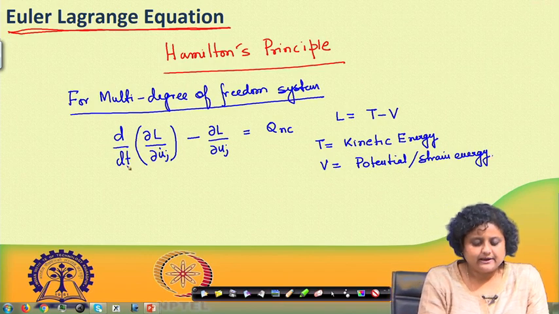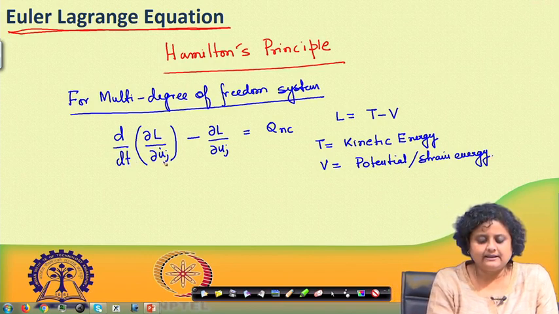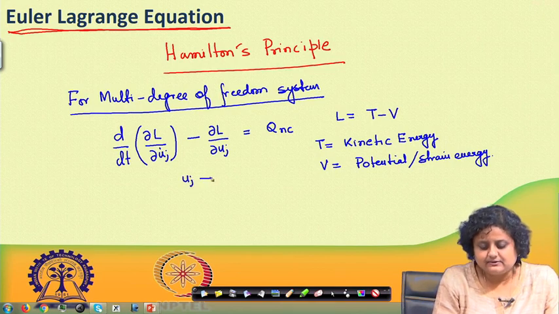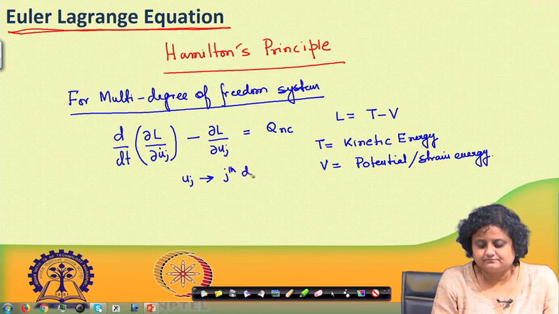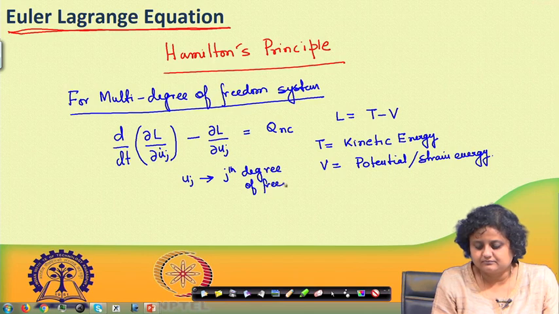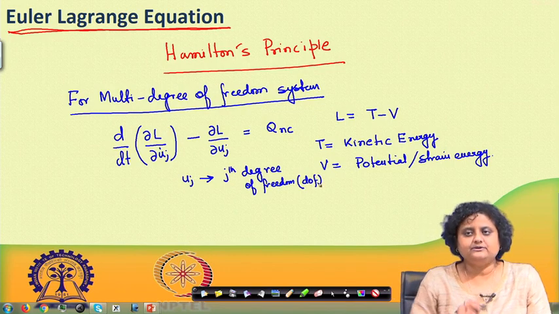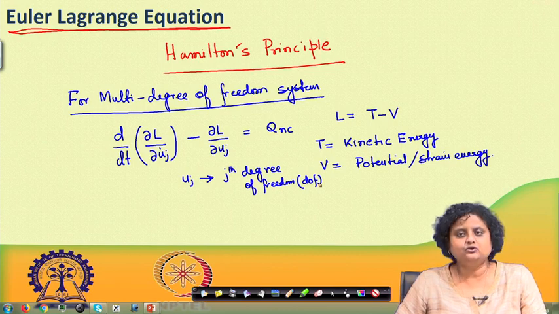This is the time derivative of del L by del U dot j. What is Uj? Uj is the jth degree of freedom, and U dot j is the corresponding velocity.